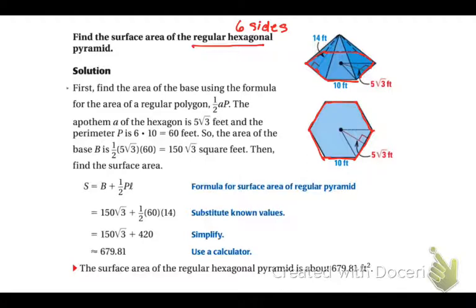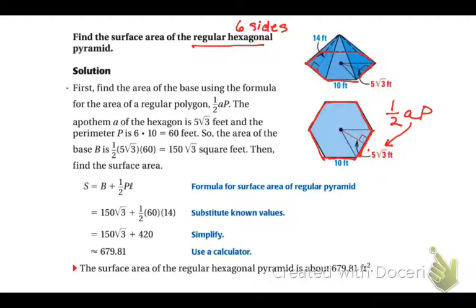So remember, the base is a hexagon. It has more than 4 sides, so in order to find its area, we have to use that equation, 1/2 A times P, where we need the apothem. You all remember how to get the apothem: you divide the base in half. So it's half of this.